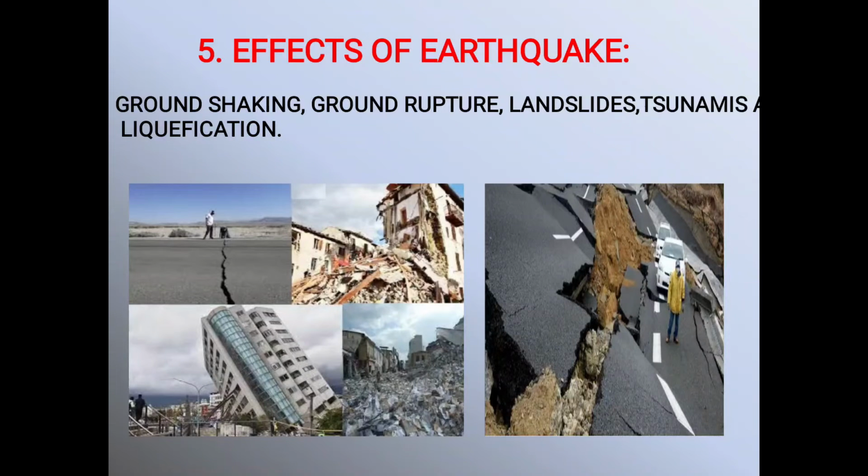Railway accidents may eventually take place because of these earthquake shocks, where the railway tracks have been disturbed or bent, or the pipelines leak oil or gas, which may cause a great deal of loss to property. Fires may also break out in that area because of the leakage of gas and oil pipelines.